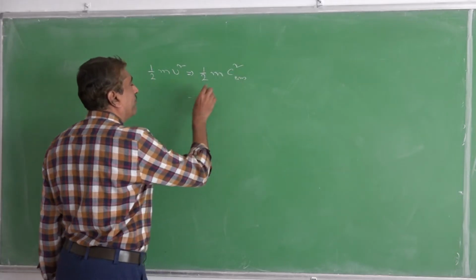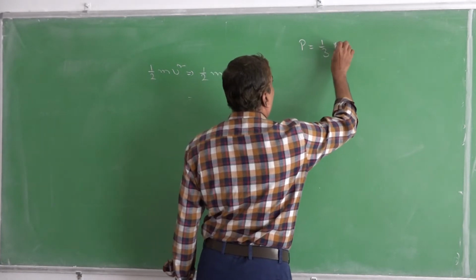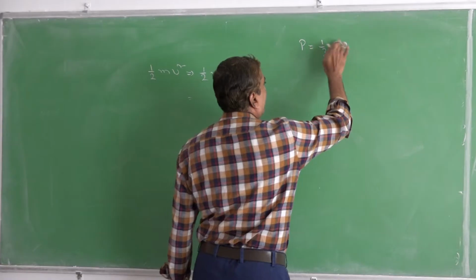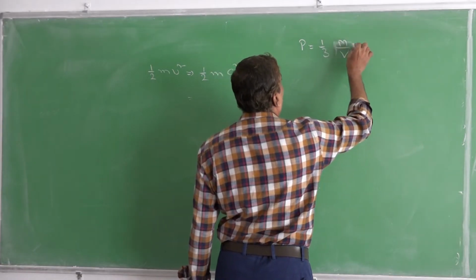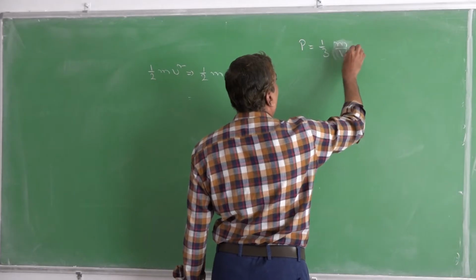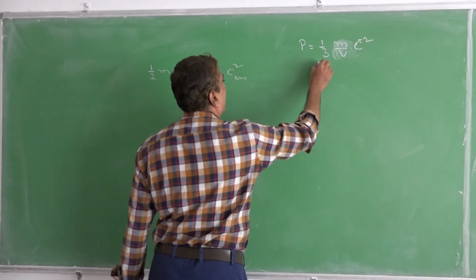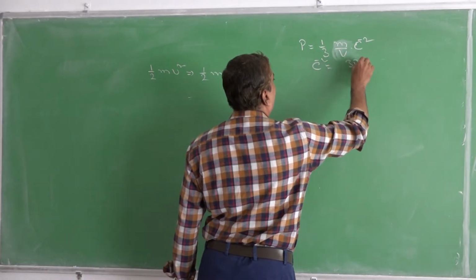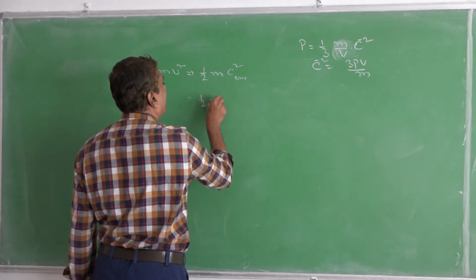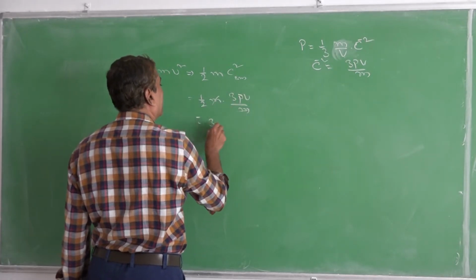But we already know P equals 1 by 3 m by V c bar square, considering one molecule. So c bar square can be written as 3PV by m. Substituting here half m times 3PV by m, that is 3 by 2 PV.